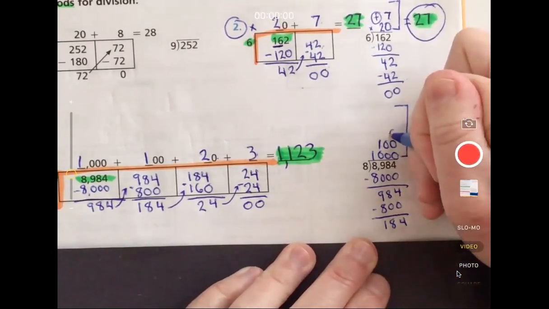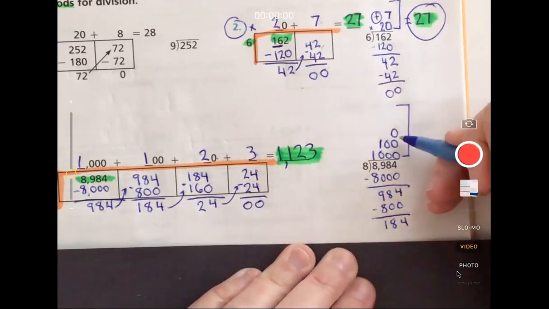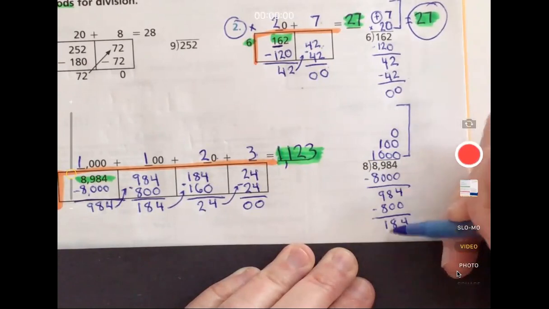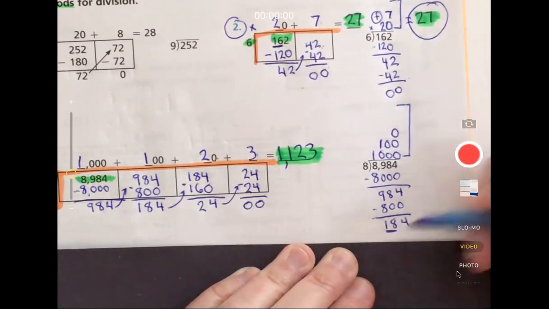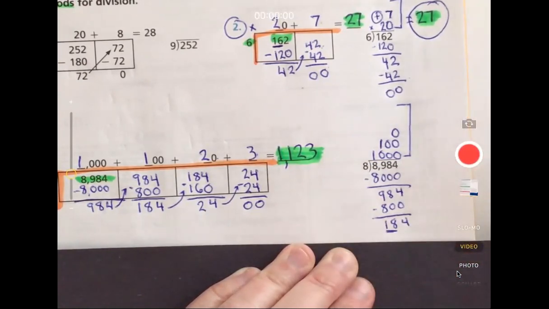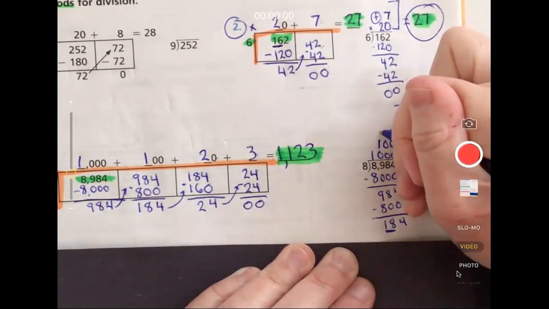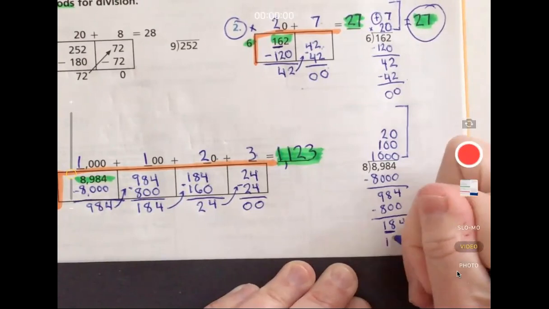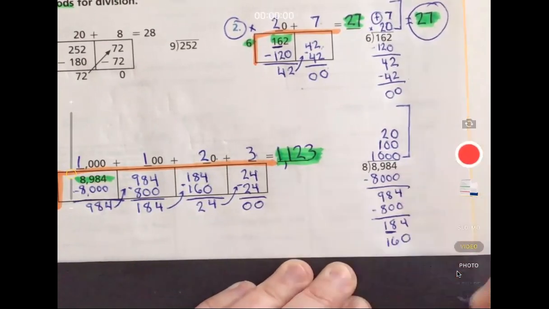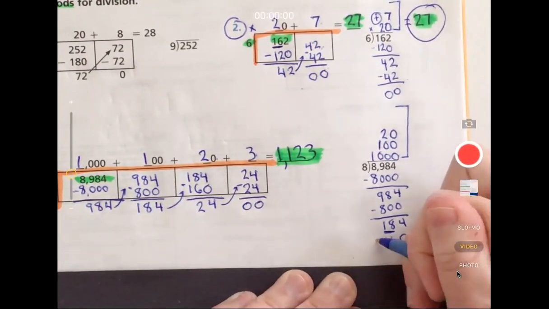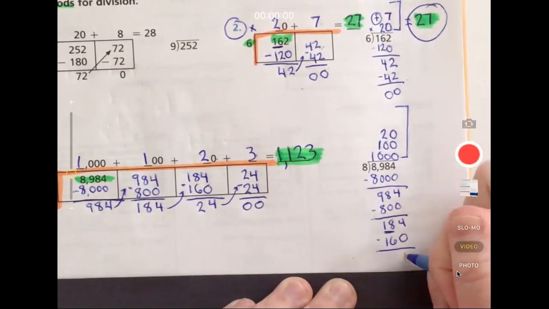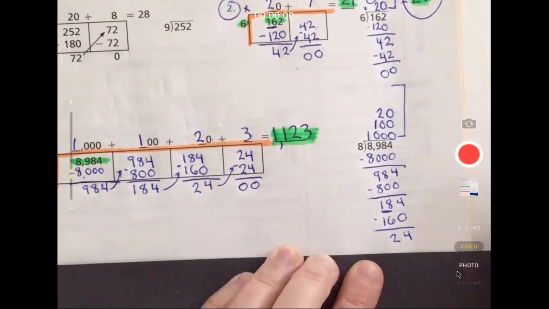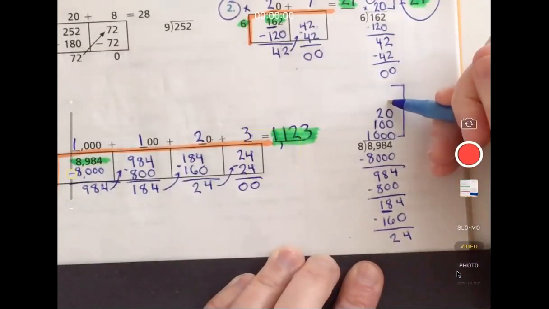Now we're moving to the tens, so we're going to just have 1 0. So 8 times what gets me really close to 18? That's a 2 because 2 times 8 is 16, and we've got our 1 0 for the tens place. We'll subtract 4 and 2, so we have 24 left over. We're in the ones place now.